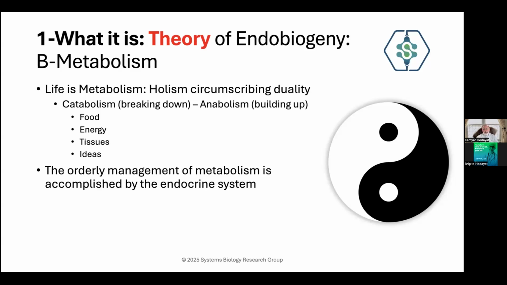Now, since we've established that life is metabolism, the constant dialectic, the interaction between a force that wants to break down or liberate, and a force that wants to build up or concretize, we need to understand how does this dialectic engagement maintain a sense of coherency?